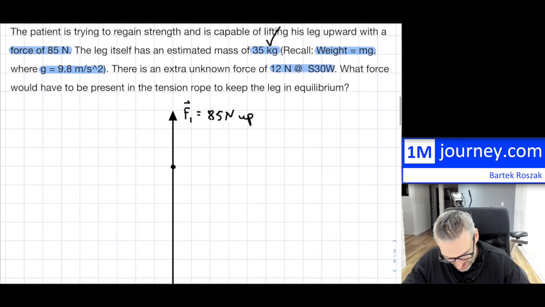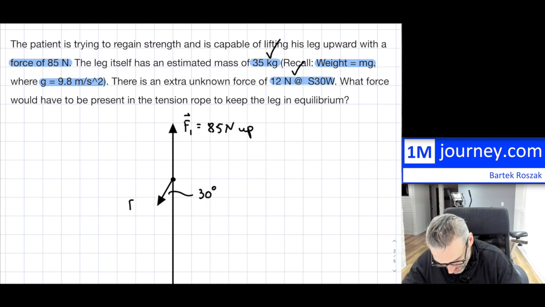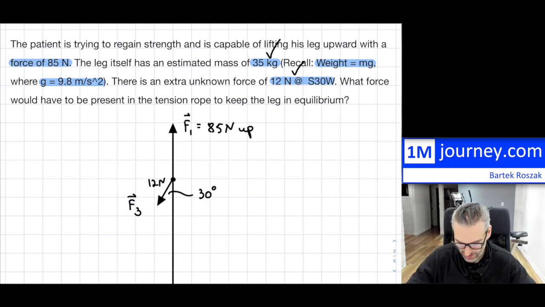Then we have this extra additional force right here, 12 newtons at an angle of 30 degrees west. Twelve newtons is tiny, so I'll draw it very small. That angle is 30 degrees, and let's call this F3, 12 newtons at that angle.